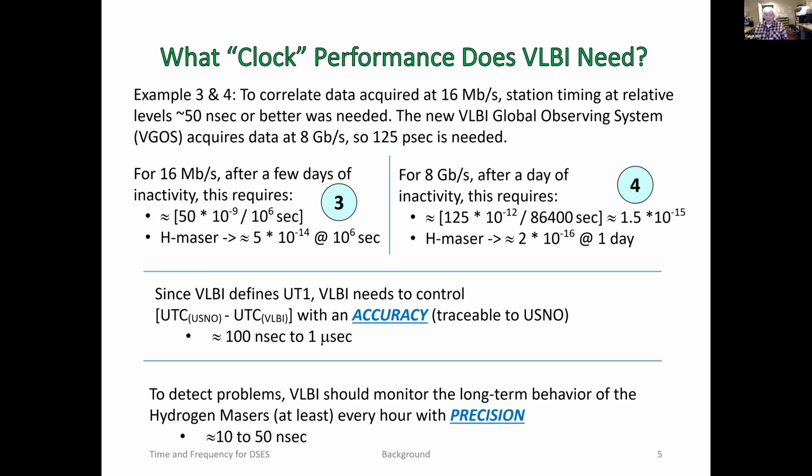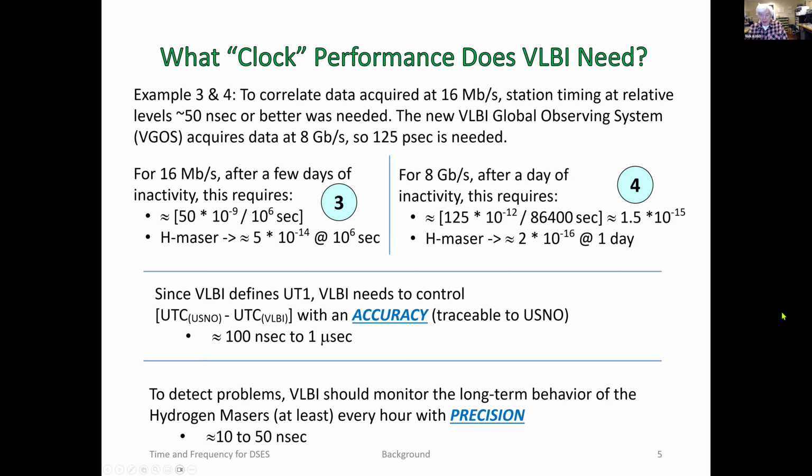And we, I think, at DSES can expect a similar thing in the future as our desires to do more and more challenging things grow over time, like if we did interferometry or if we do some new fancy pulsar work or whatever, our requirements are going to grow also.